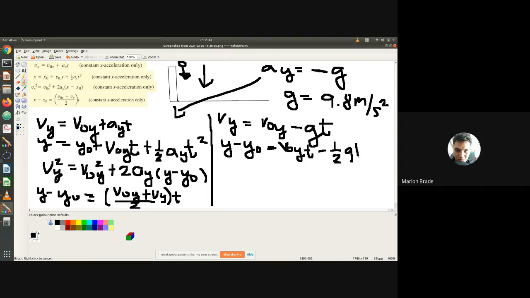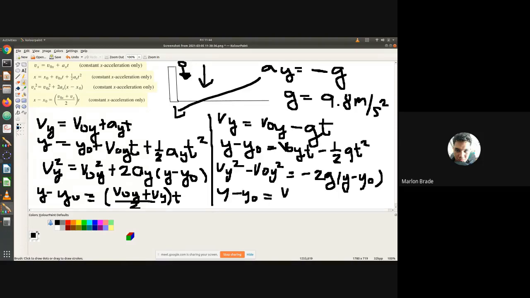Then v_y squared minus v naught y squared is equals to minus 2g times y minus y naught. Pareho ra ang equation, dili mausab kay wala man giusab si g.